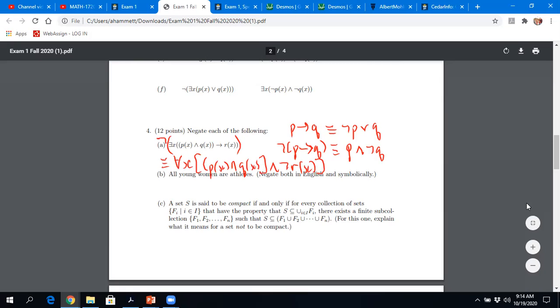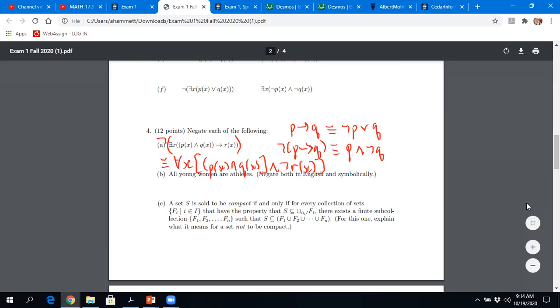Okay, some of you did some strange things with like negating through the implication or something, but you kind of have to think about what the opposite of the implication is, okay?